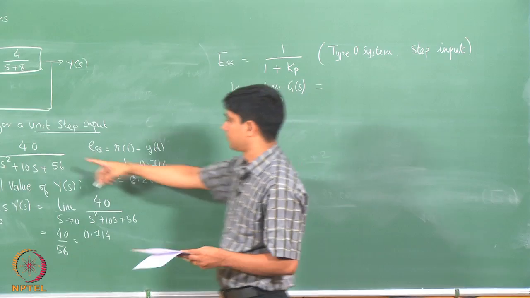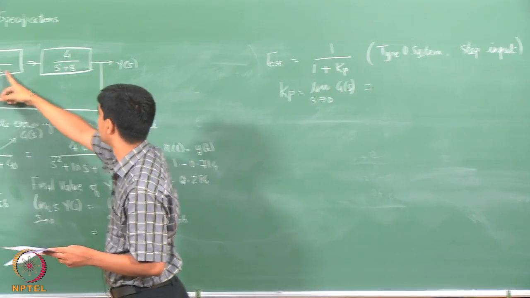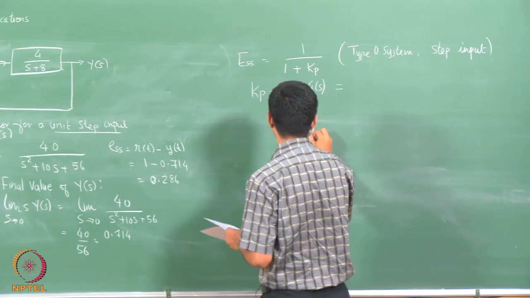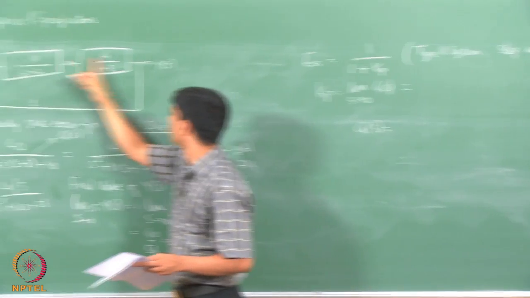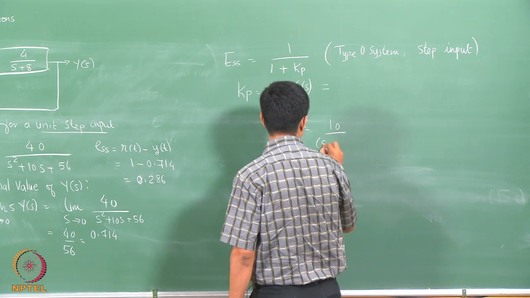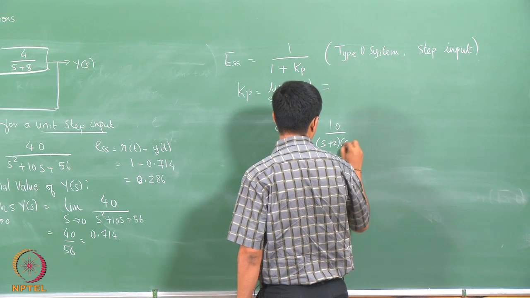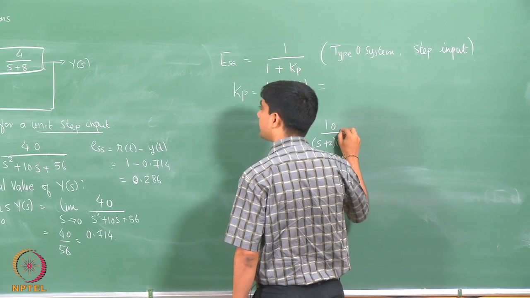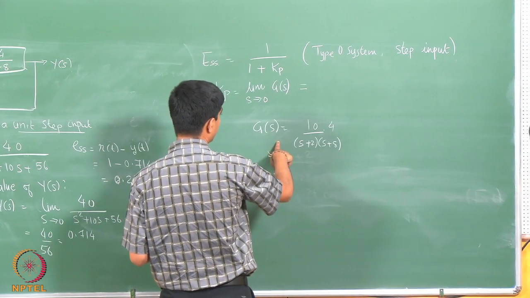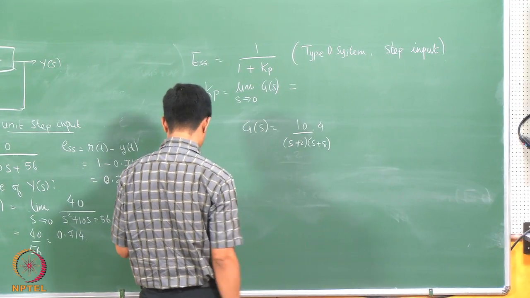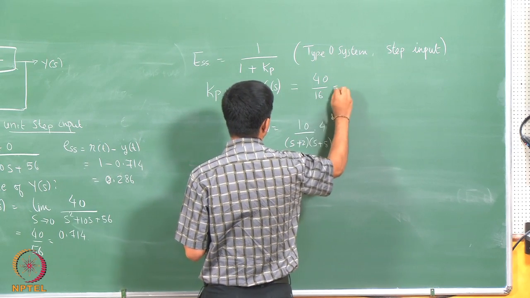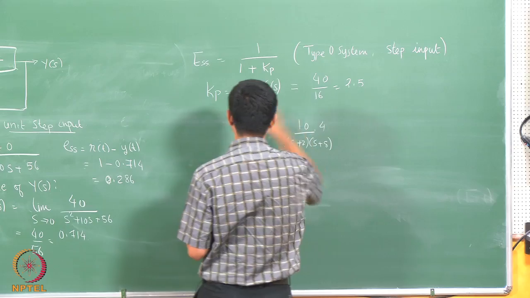So, g of s is this one, right. I am just looking at the open loop transfer function, this 10 over s plus 2, I have a s plus 8 and I have a 4 here. Okay. So, limit s going to 0, g of s was 40 by 16 is 2.5. Okay. So, this is my Kp.